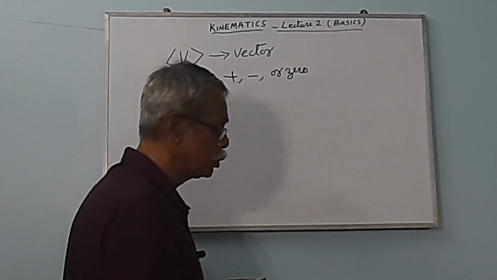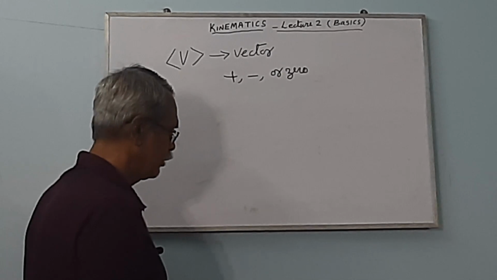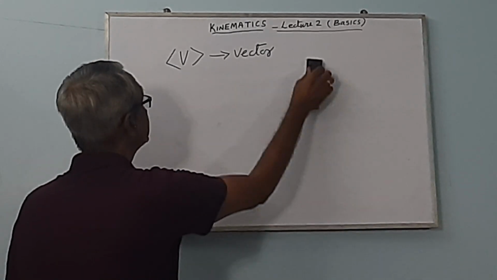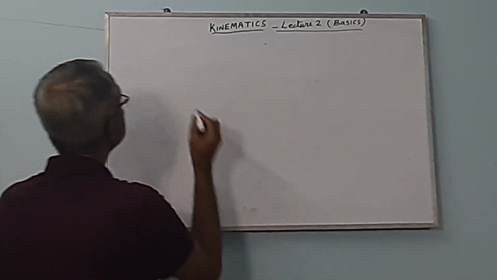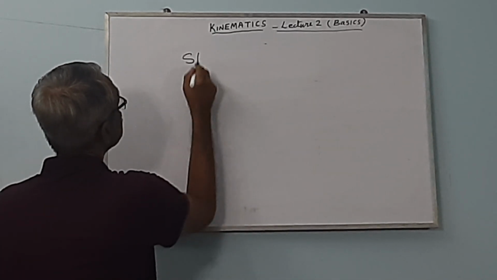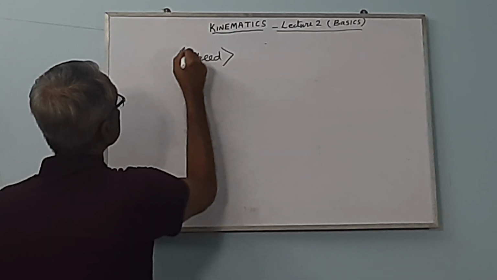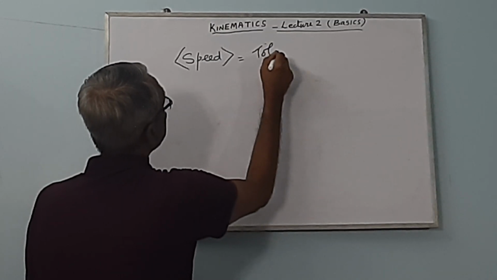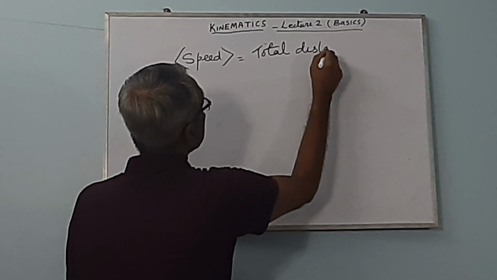Now we pass on to the speed of the particle. We can consider the speed of the particle, and speed of the particle is the average speed. Average speed is equal to total distance, that is the total path length.